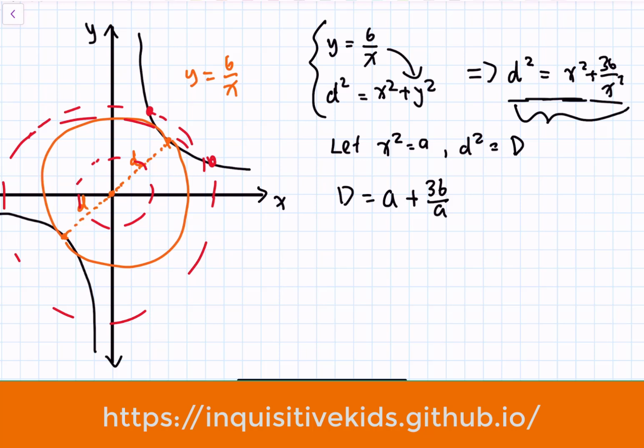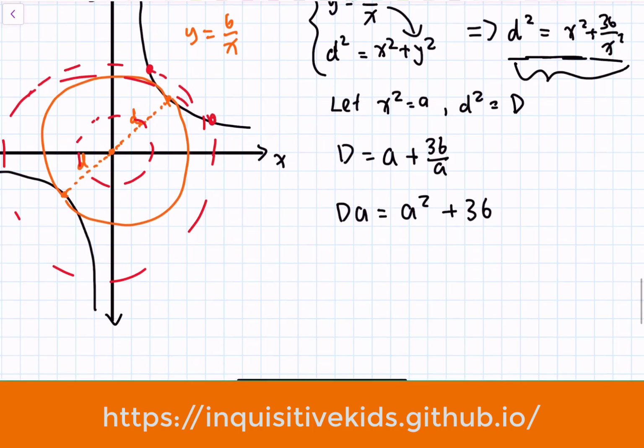And then we can multiply a on both sides of the equation. So we have Da is equal to a squared plus 36. And then what we can do is put all of these terms to one side of the equation. We could get something like this: a squared minus Da plus 36 is equal to 0.